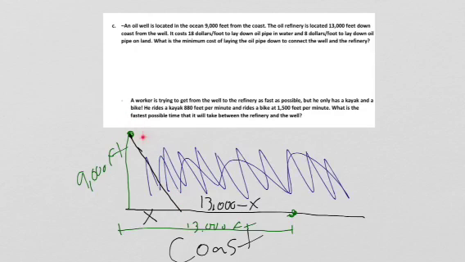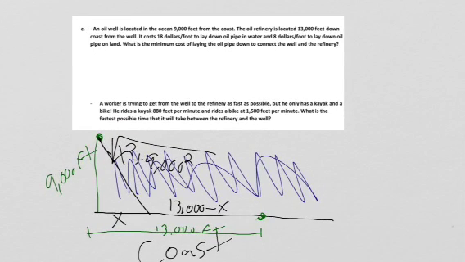So if we take the square root, it's going to be the square root of x squared plus 9,000 squared.